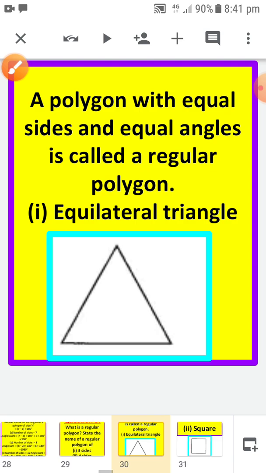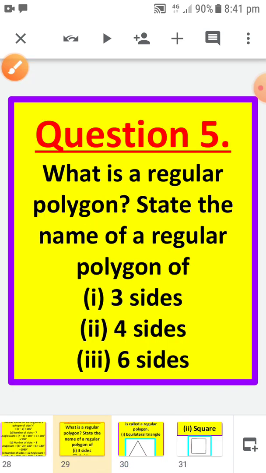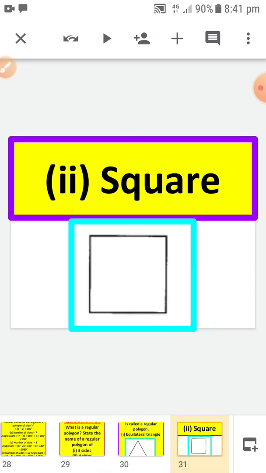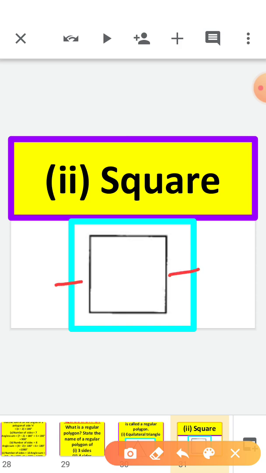Now you have to find a four-sided figure which is a regular polygon. A square is the best example for that. All four sides are equal and the angles are also equal. It is made up of line segments and it is a closed surface, so all the conditions are satisfied. So we can say that a square is a four-sided figure which behaves like a regular polygon.